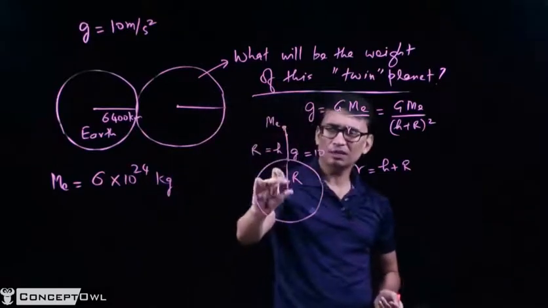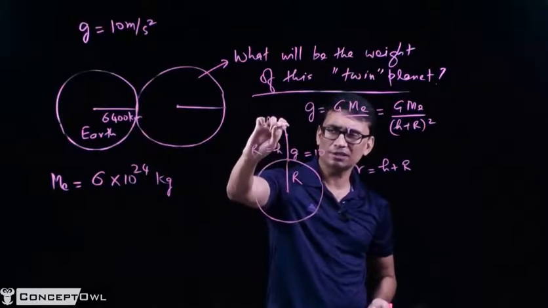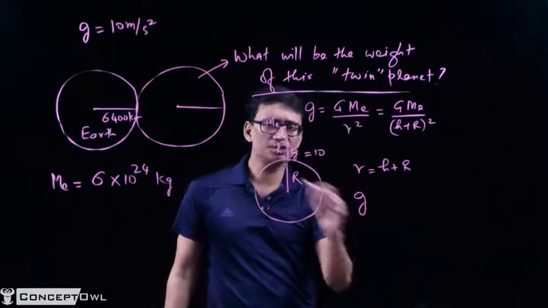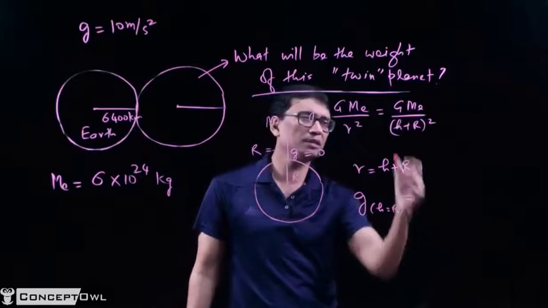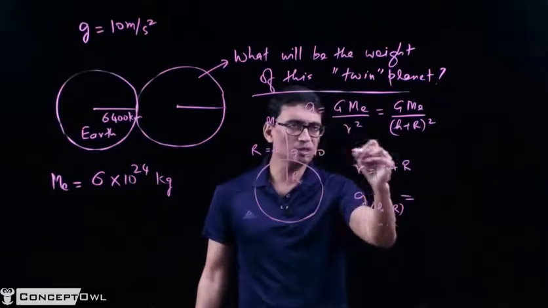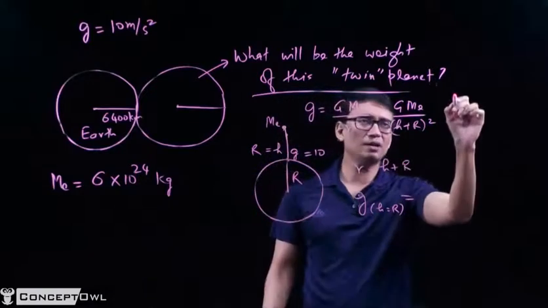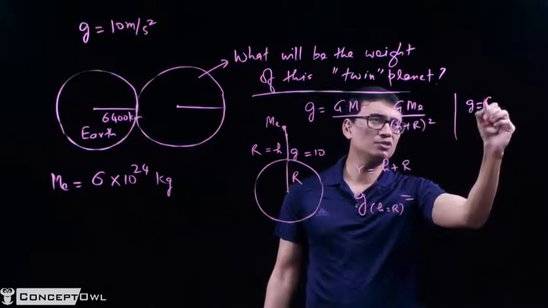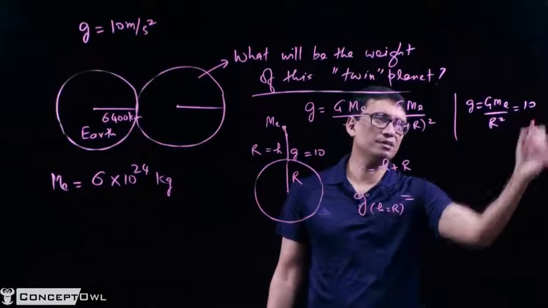Now if you think about it, what is the acceleration due to gravity here? So g at h equals r, what will that be? This was G M e upon r square, so on Earth's surface G M e upon r square is equal to 10.